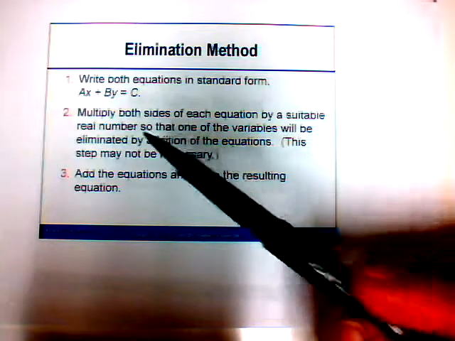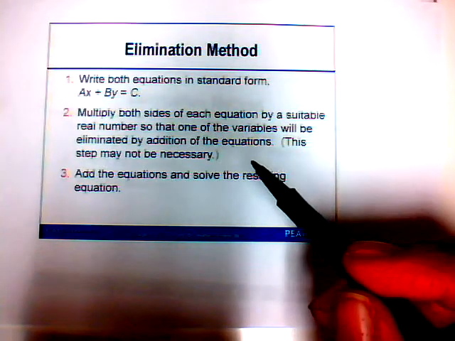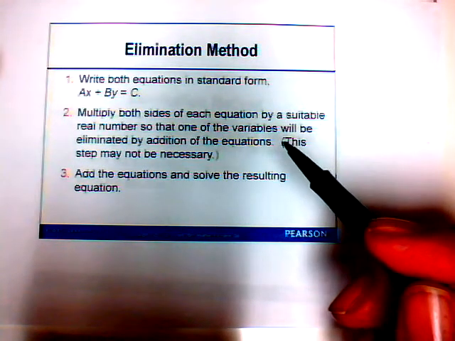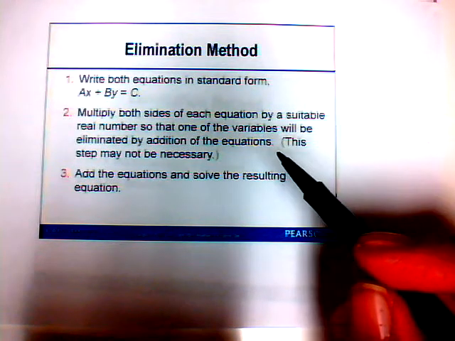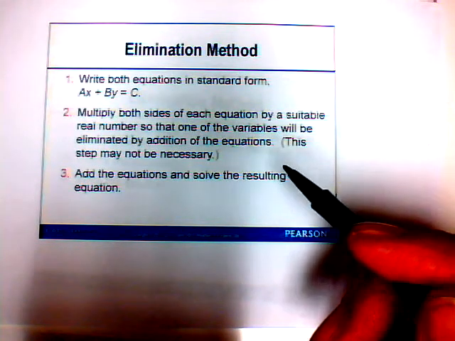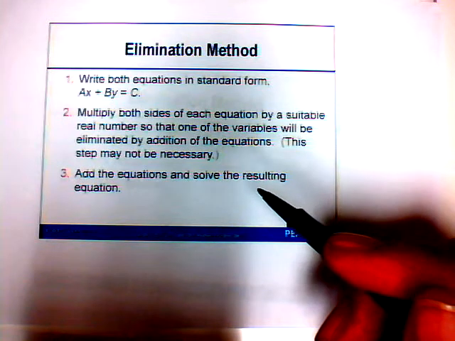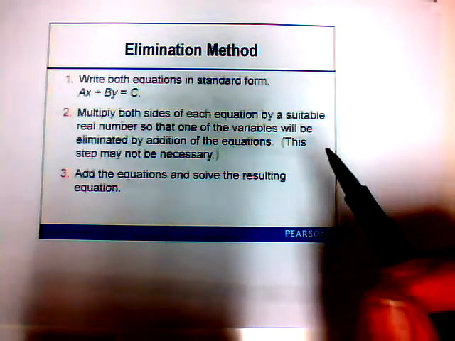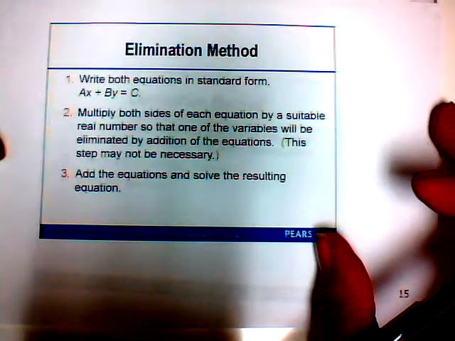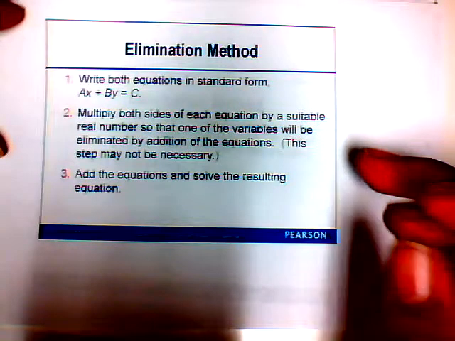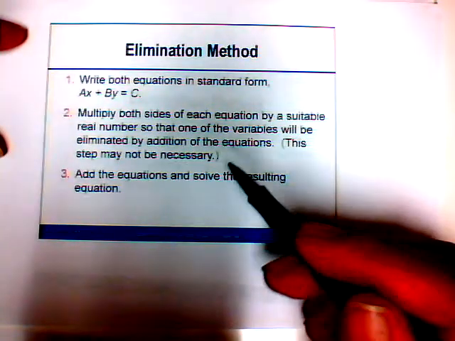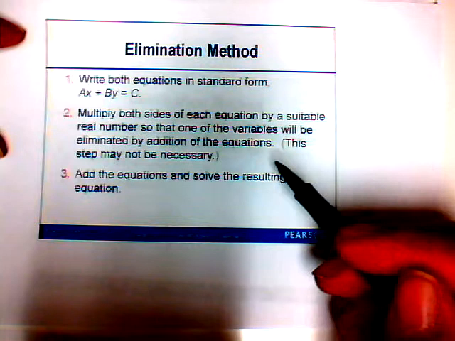And then second, you're going to multiply both sides of each equation by a suitable real number so that one of the variables will be eliminated by addition of the equations. And then the third step, you're going to add the equations and solve the resulting equation. Now, in step number 2, you might not have to multiply by a suitable real number.